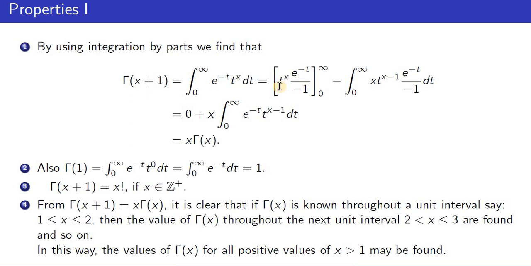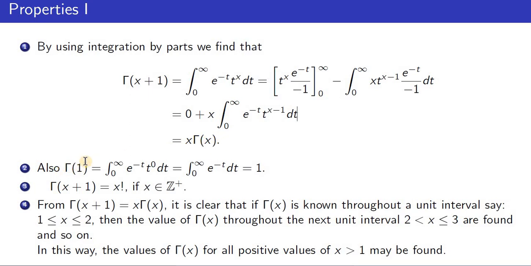So the first term gives you only 0, plus this x will come out of the integration because the integration is with respect to t. X into the integral from 0 to infinity of e power minus t, t power x minus 1, dt. This is nothing but gamma x. So gamma of x plus 1 is equal to x into gamma of x.